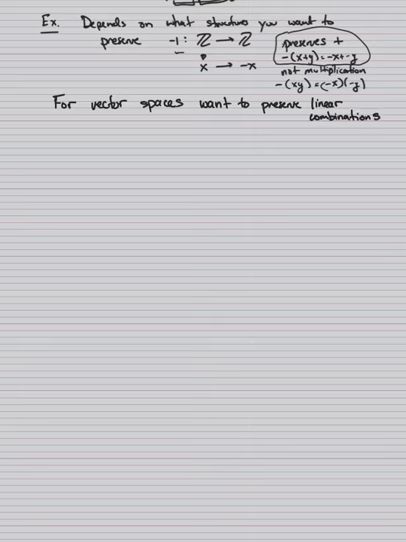Okay, so here's a definition. This is really, I would say, the most important definition that we'll see this quarter. Okay, so V and W are going to be vector spaces.